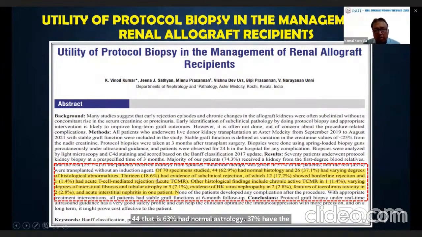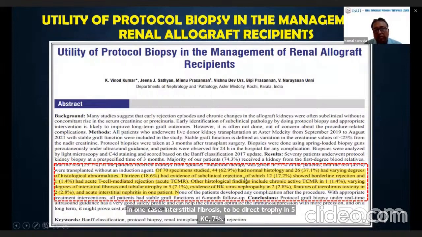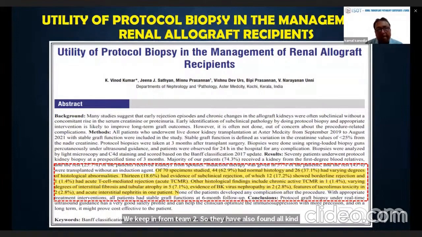Out of that, almost 18% had subclinical rejection, and some had T cell reaction. Even chronic TCMR was reported in one case, interstitial fibrosis and tubular atrophy in 5 cases, 7%, and BK polyomavirus nephropathy in 2. So they also found all kinds of histological features in protocol biopsy.